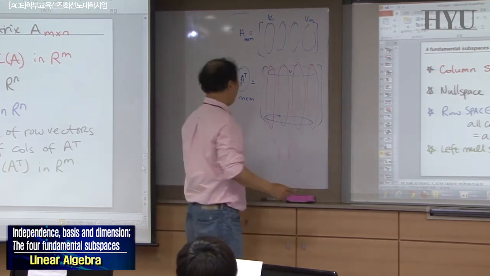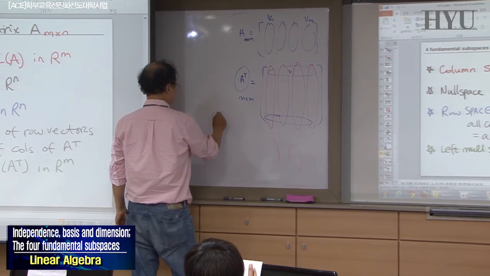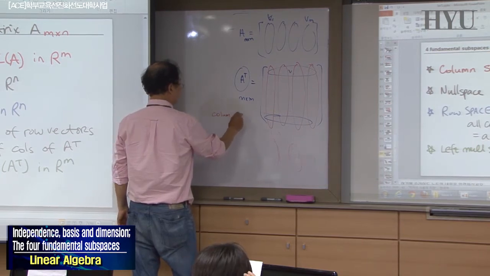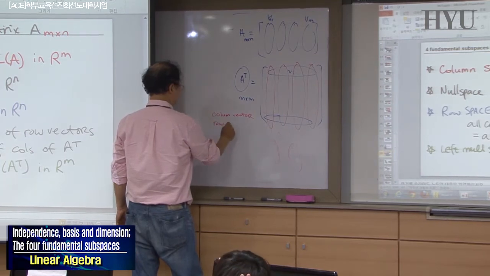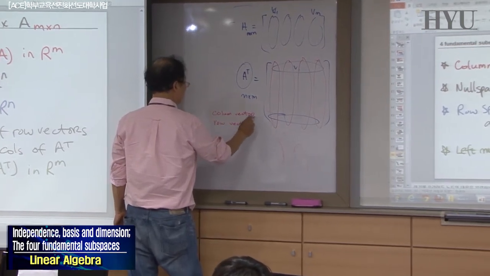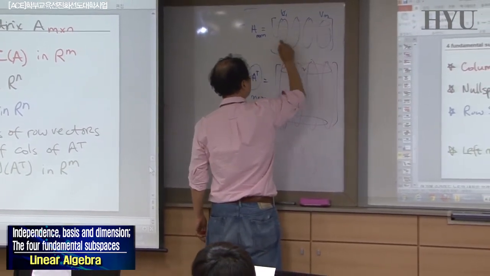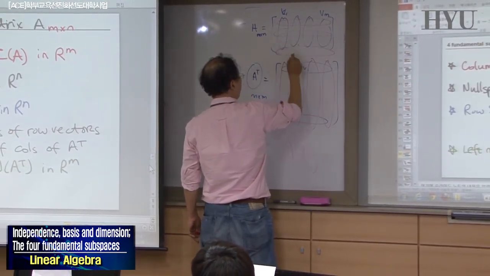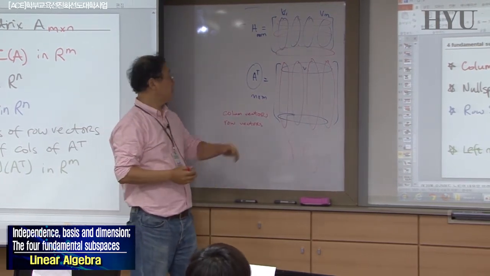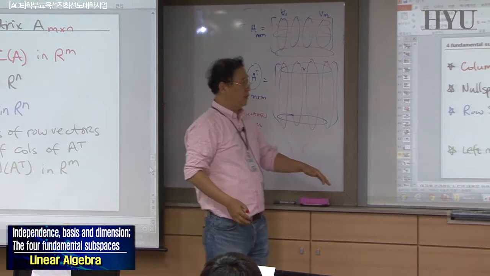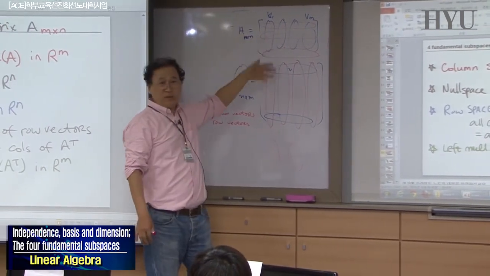We didn't define row vectors, only column vectors. Similarly, we can define row vectors. From the original matrix, this is row 1, row 2, row 3, up to row m, so m vectors. The row space is made by linearly combining these row vectors.